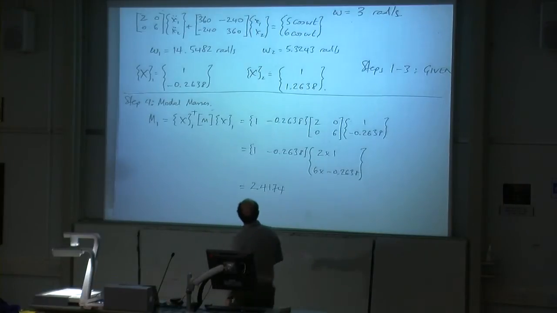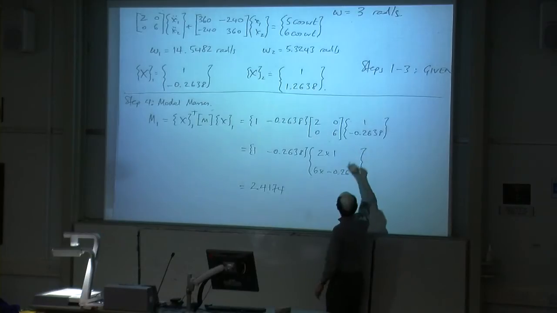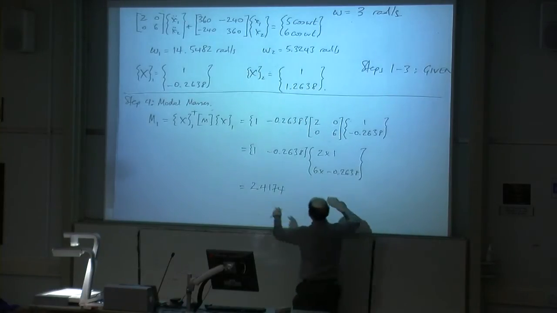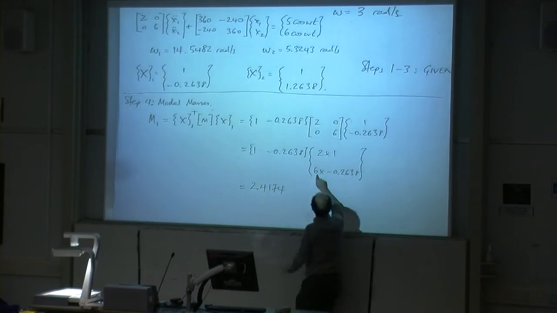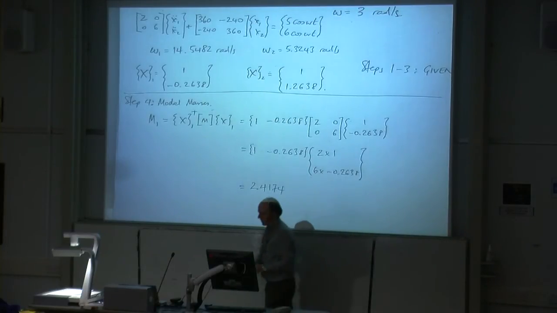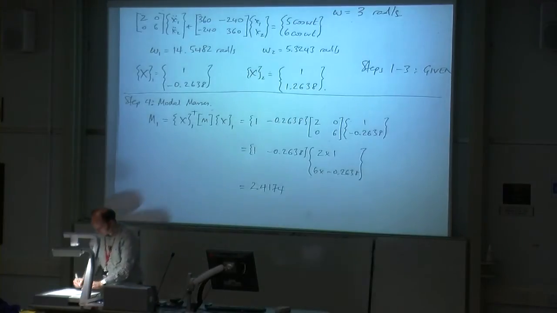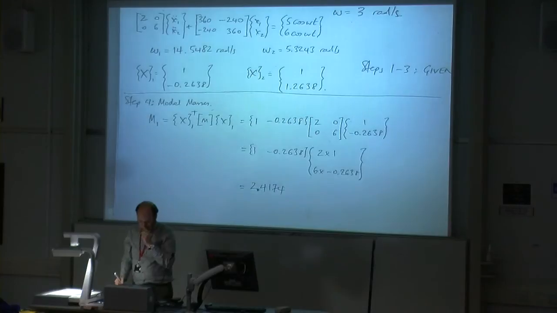Okay, so like I said, you take that matrix and the vector first, multiply them together, and you get 2 times 1 and 6 times minus 0.2638. And then obviously here we've got 1 times 2 times 1 plus minus 0.2638 times 6 times minus 0.2638. And you'll end up with a value that comes out to be 2.4174. That's the first modal mass.